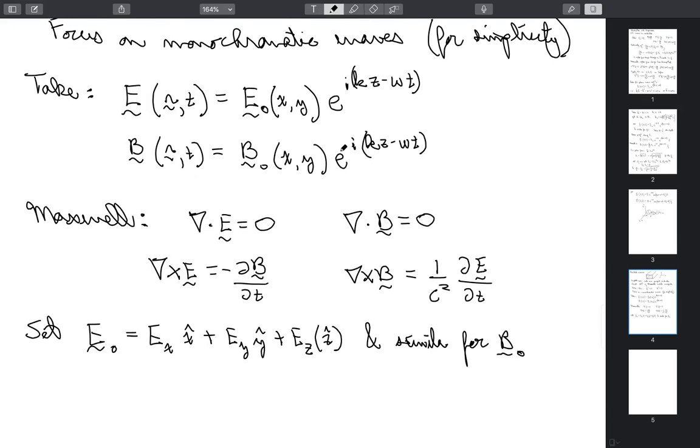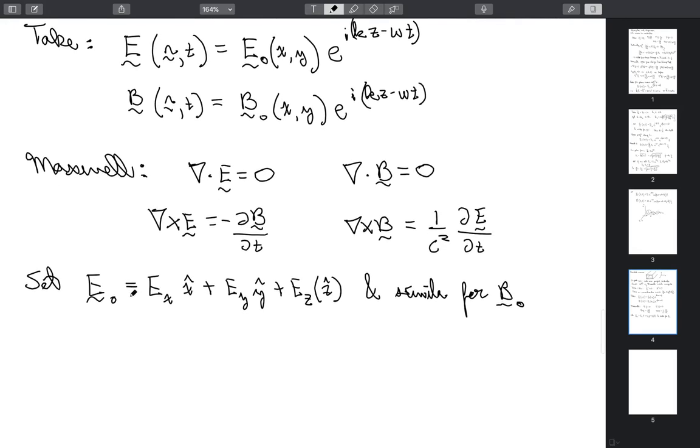Now let's just look at Maxwell's equations. So, for example, if we look at the condition of the curl of E, you remember how to calculate that. I can just take the determinant of x hat, y hat, z hat, dx, dy, dz, and then Ex, Ey, Ez.